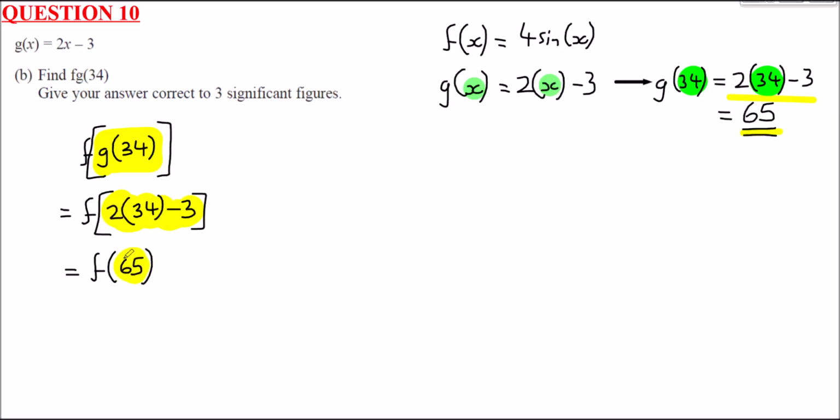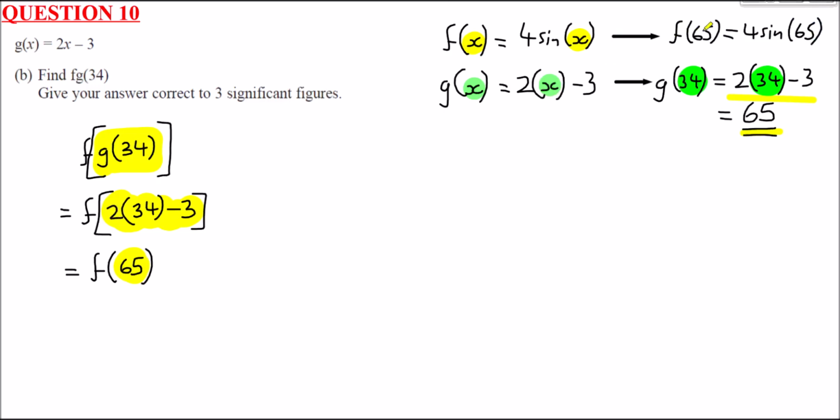Now the function f of x takes the input and maps it to 4 lots of sine of x. So if we just take this here and substitute off x and substitute on 65, you can hopefully see that f of 65 will be 4 multiplied by sine of 65.